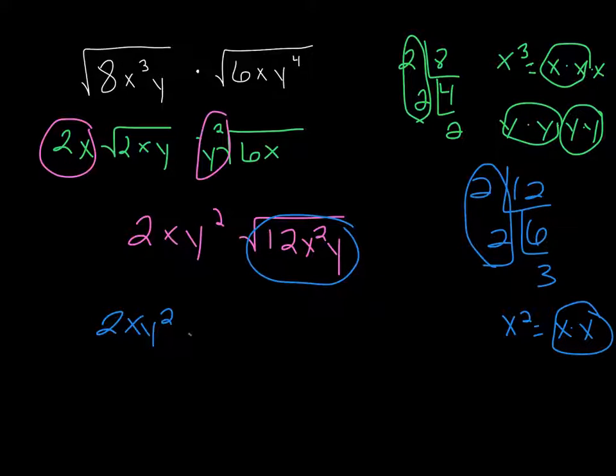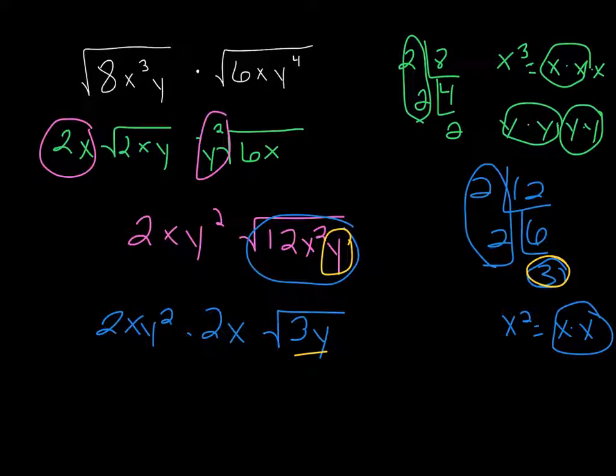We need to multiply it by the 2x that we can pull out. And we have this 3 and the y left inside. The y is by itself, so those are left inside the radical.